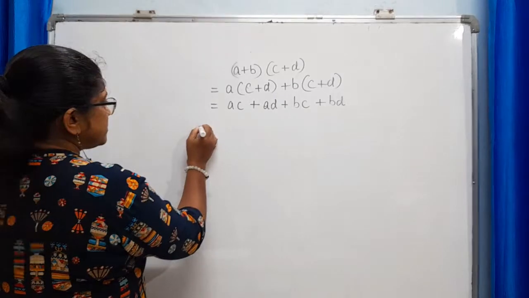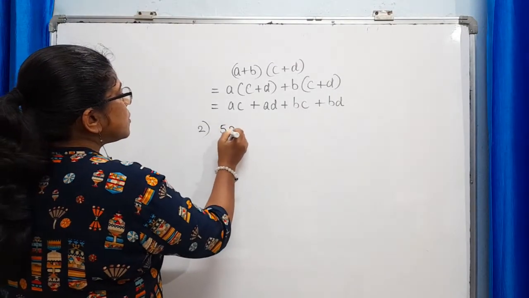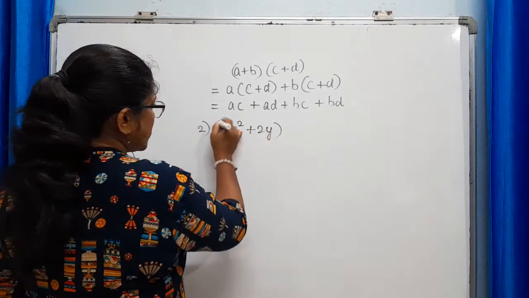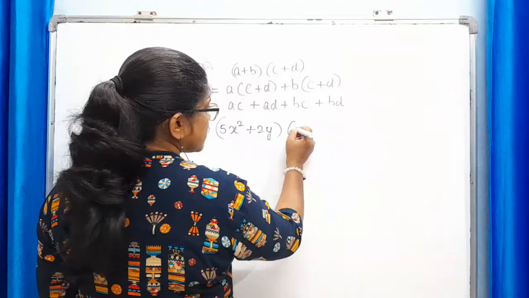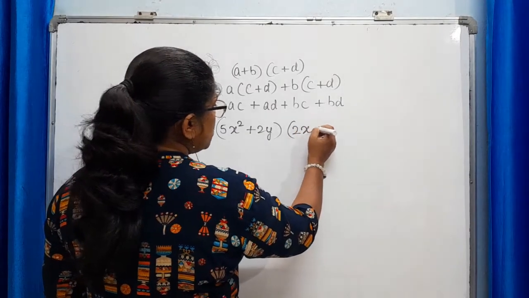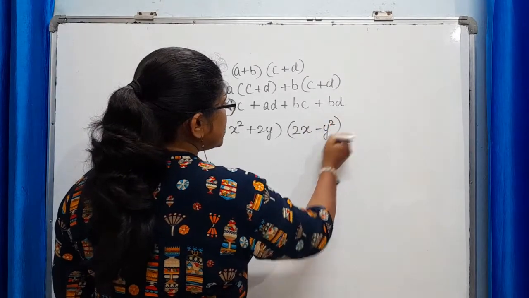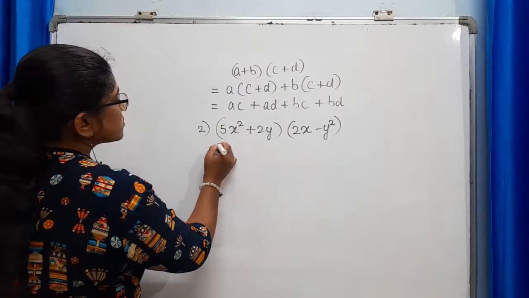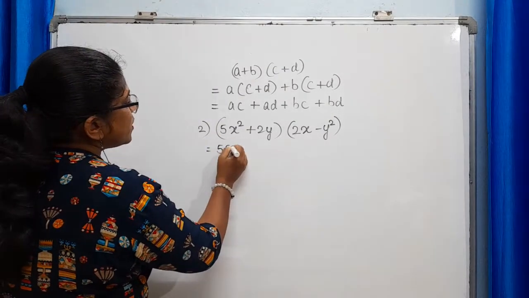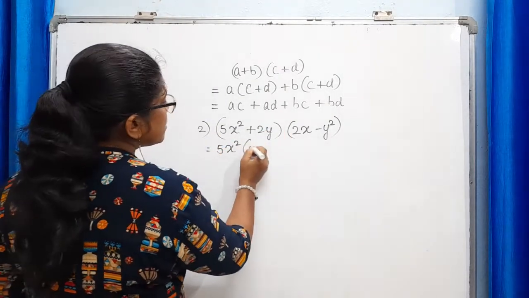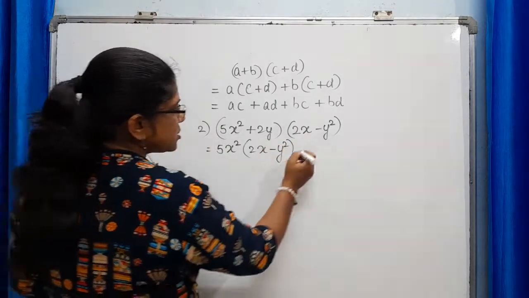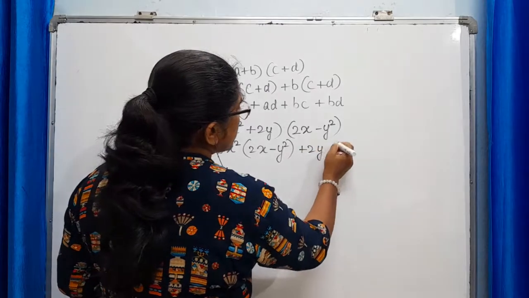Second example, (5x square plus 2y) into the bracket (2x minus y square). Now let's multiply this. First term is 5x square. We have to multiply with this 2x minus y square. Second term is plus 2y.